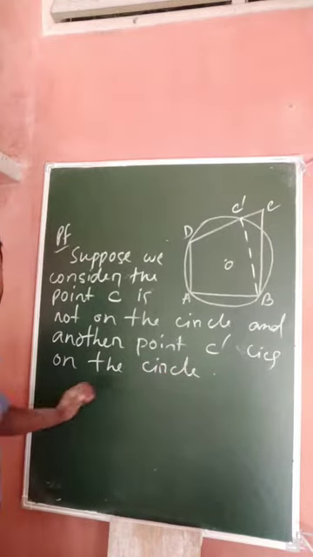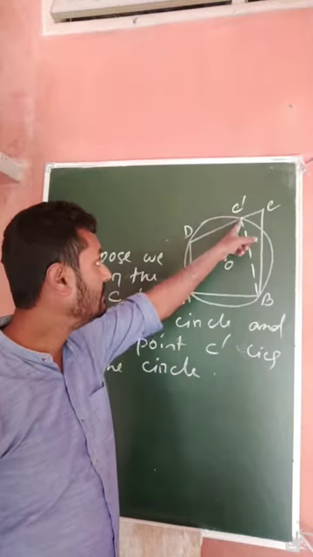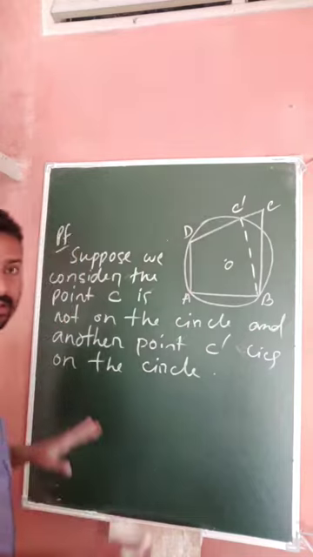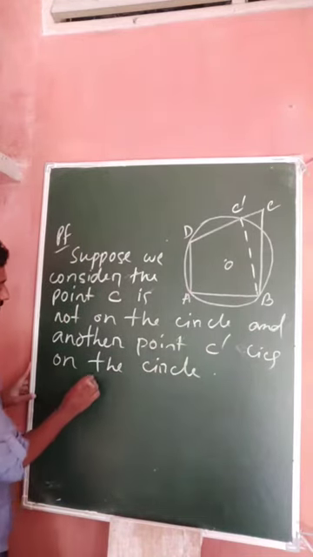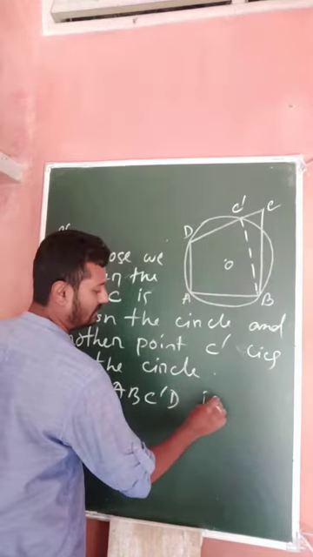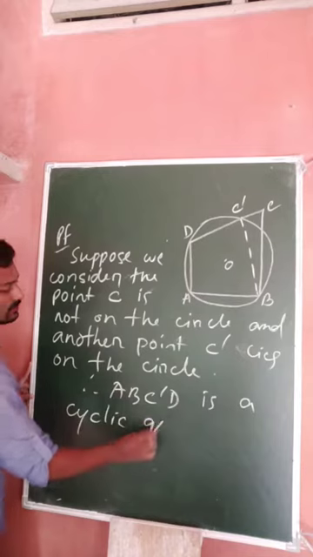Just consider that this point C is not on the circle and another point C dash lies on the circle. That means A, B, C dash, D now becomes a cyclic quadrilateral. Therefore ABC dash D is a cyclic quadrilateral.